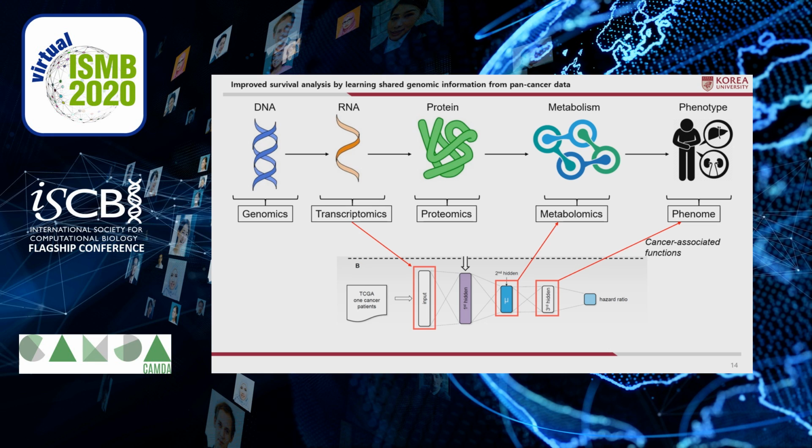Then the third hidden layer also captures much more complex signals based on the second layer's signals, and we already found the third hidden layer captures cancer-related functions. And finally, based on the third layer's signal, the model predicts the survival of a patient, which is the ultimate phenotype. Right? It's very interesting. Actually, we tried to investigate the first hidden layer, but there are no pathways for protein translation, so we'll leave it for future work.